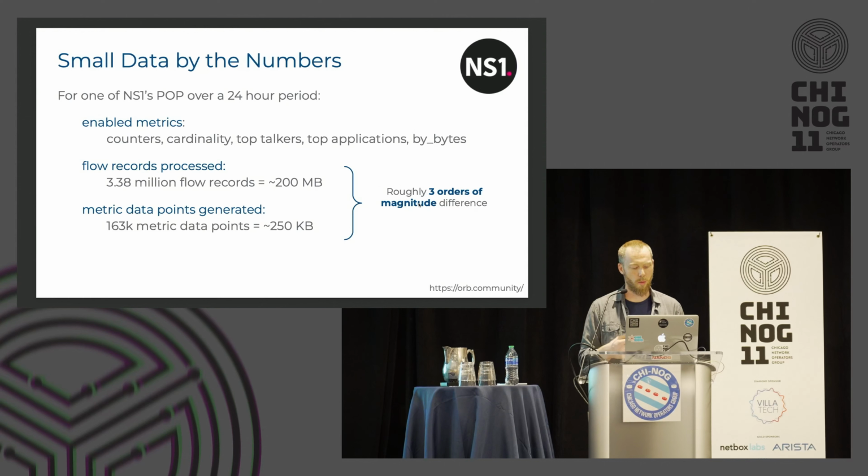And with the Orb agent policy, filtering, and smartly aggregating, that turned into 163,000 metric data points, a mere 250 kilobytes. And the hope is that the operator was able to get out of this amount of information the same or more insight than having that much raw data.